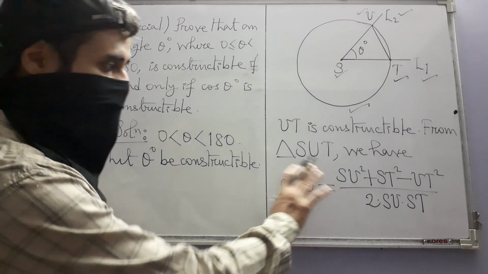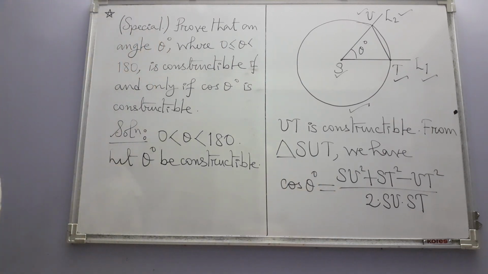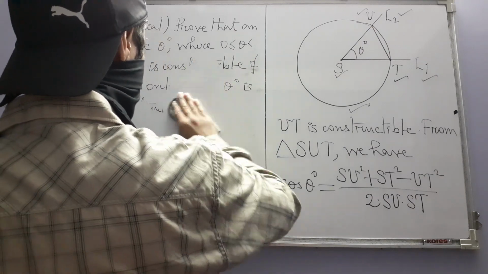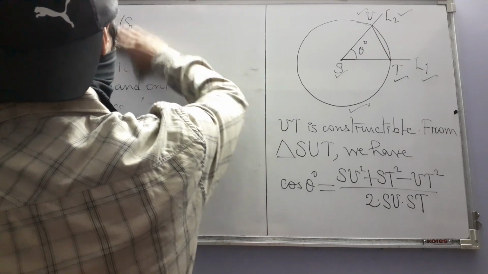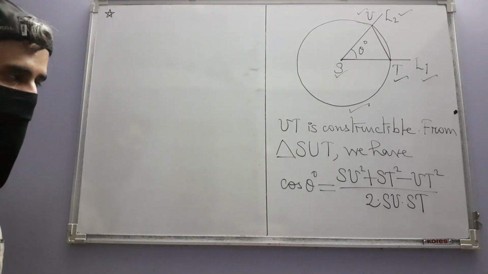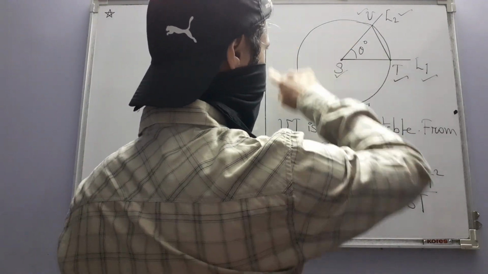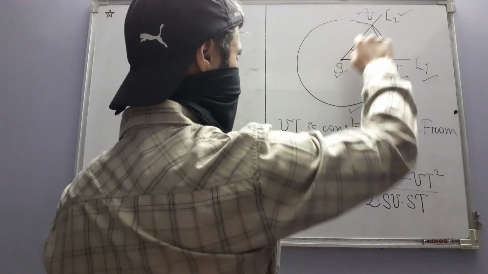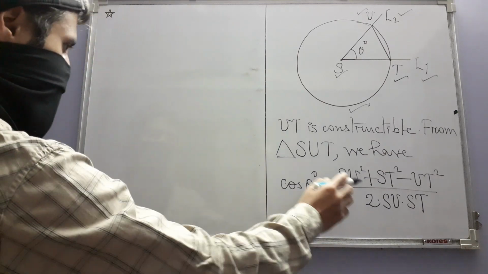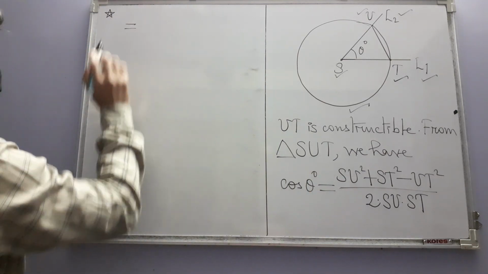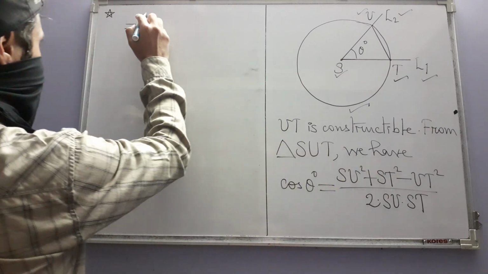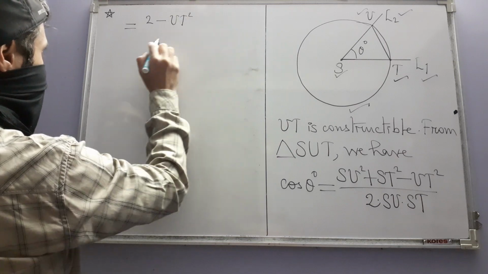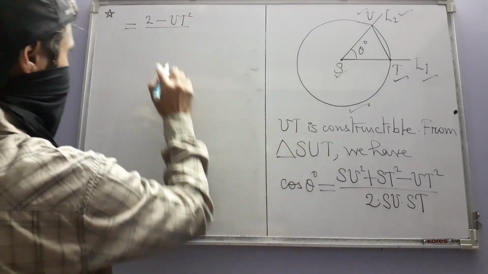But now we know some of the values here. Do not forget that our circle has radius 1. So that means SU and ST are both 1. So this thing becomes what? 1 square plus 1 square is 2, minus UT square, divided by 2.